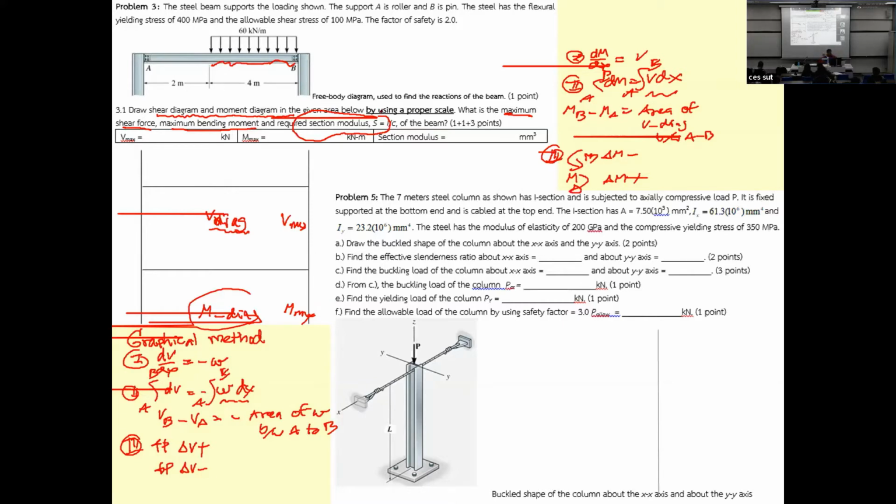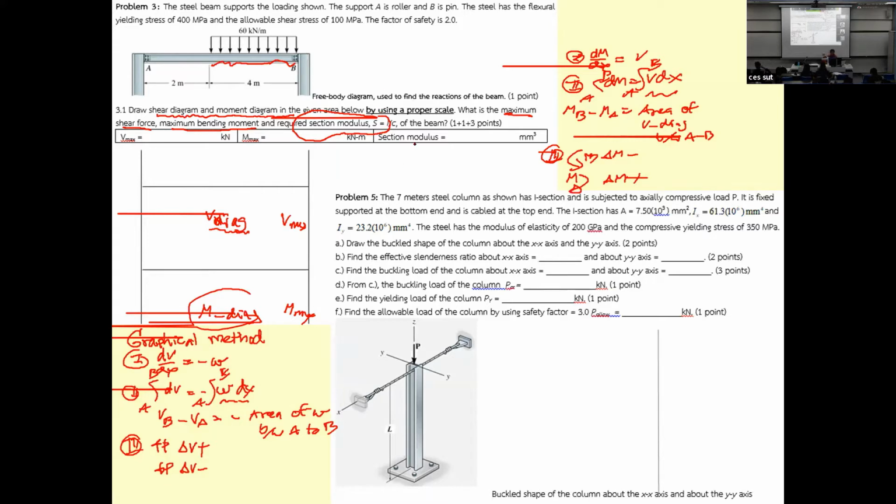Let me check. Anyway, I will report it later. Sorry, I put the wrong file. Anyway, I will put them back later. All of this is going to be your extra example later.